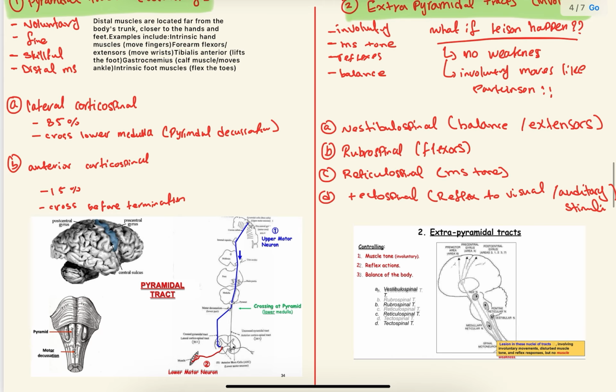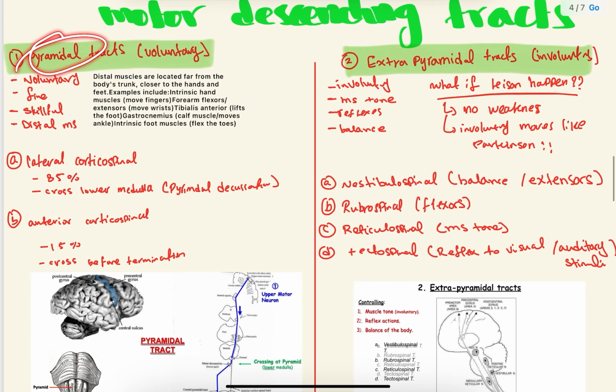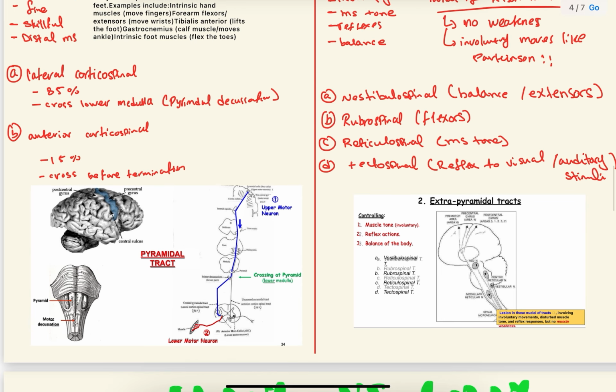Now, these are divided into a lateral corticospinal tract and an anterior corticospinal tract. And they're called pyramidal because they form what? A pyramid shape, pyramid decussation. So starting with the lateral corticospinal, it's basically 85% of this tract, just the bulk, the majority.